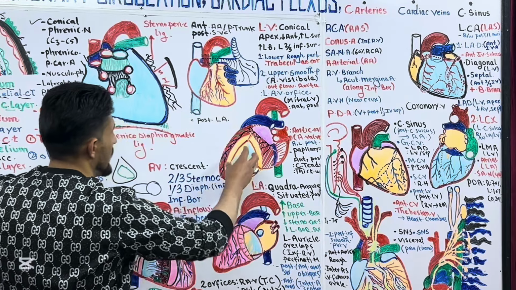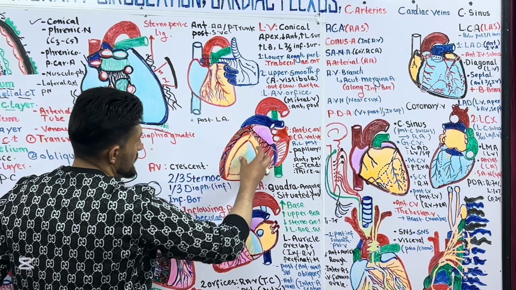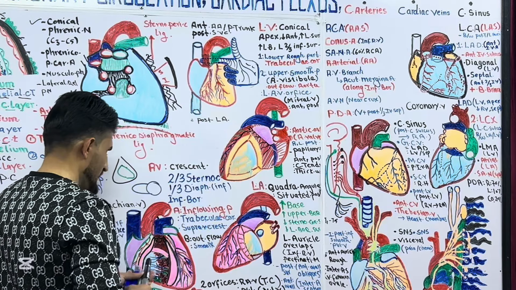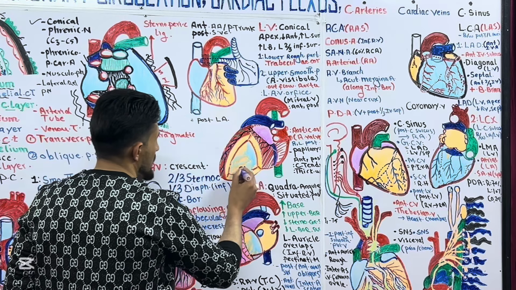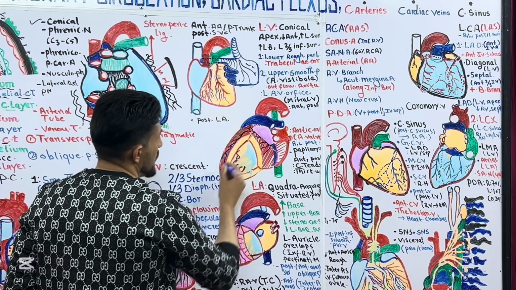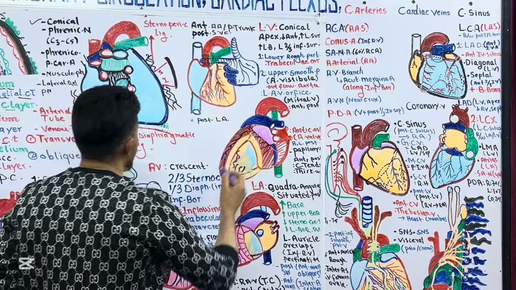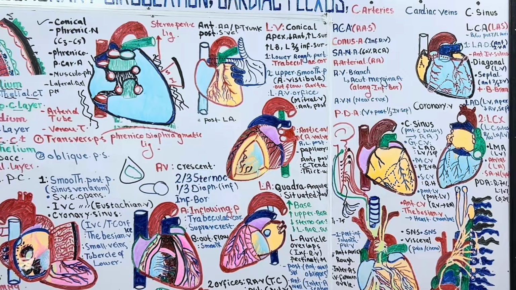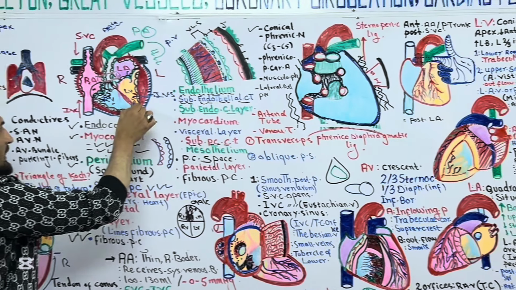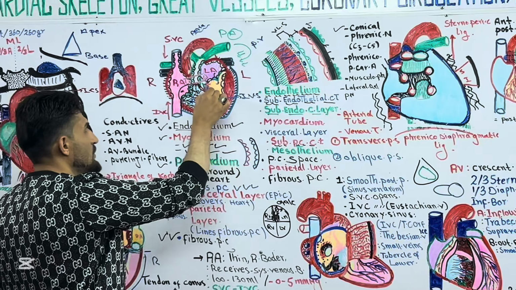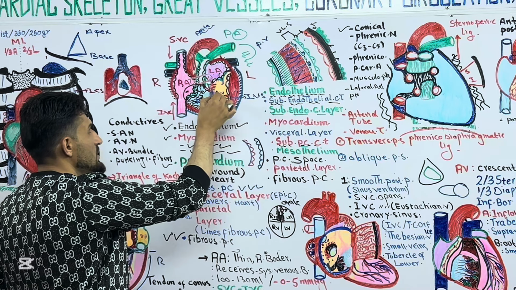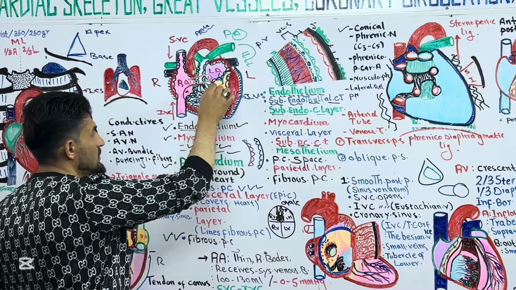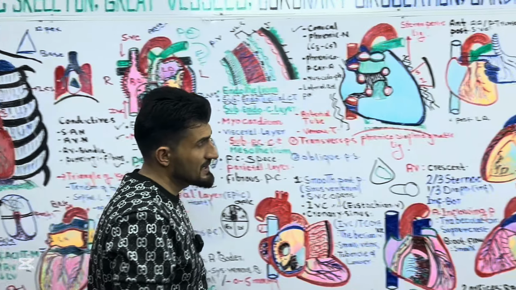This left ventricle also has two parts. The inferior part of the left ventricle is rough. Its upper part, which is near the aorta, near the aortic valve, is smooth.